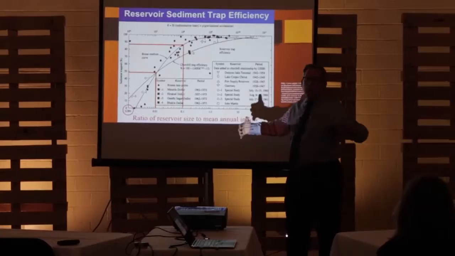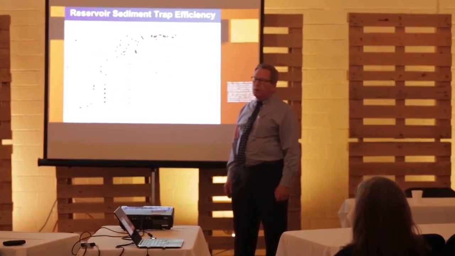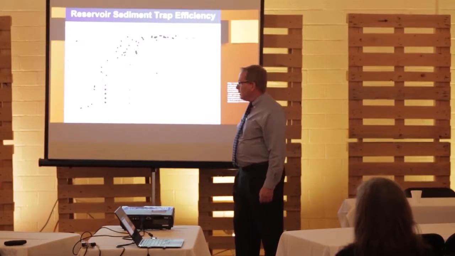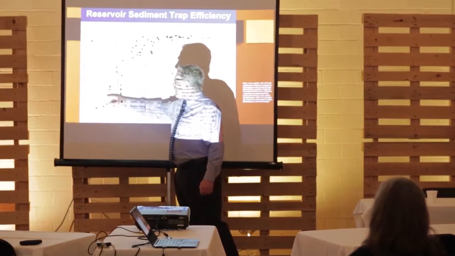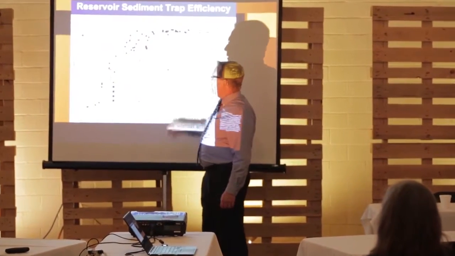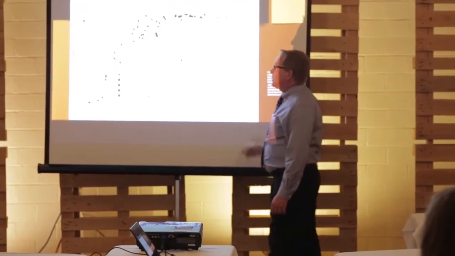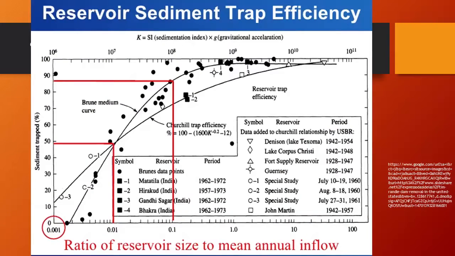Well, you can imagine with a huge reservoir like in North Dakota, all the sediment drops out. But with a very small dam, some of it can pass through. So this is called trapping efficiency. And engineers used this when they designed dams. Now we use it to try to manage sediment.